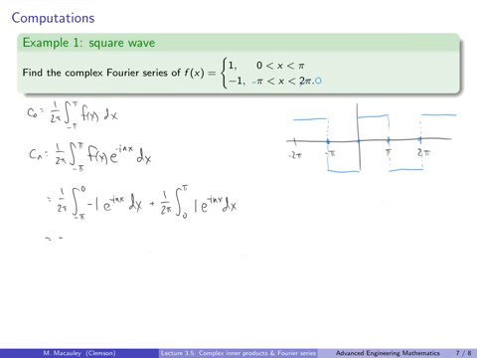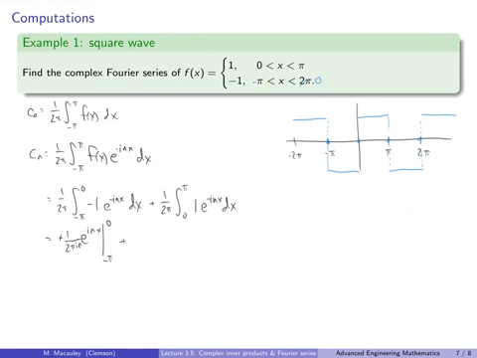So this is negative 1 over 2 pi. Now, the integral of this is e to the i n x, and we have to divide by negative i n. So I'm going to put that i n right there and put the positive sign there. And we're going from negative pi to 0. I should have left myself a little bit more room. Oh well.